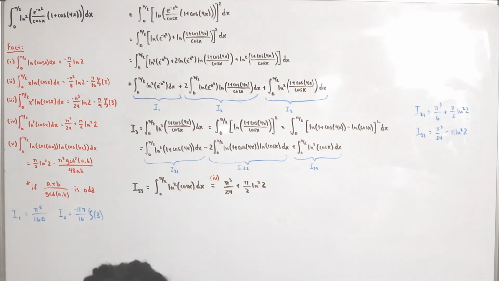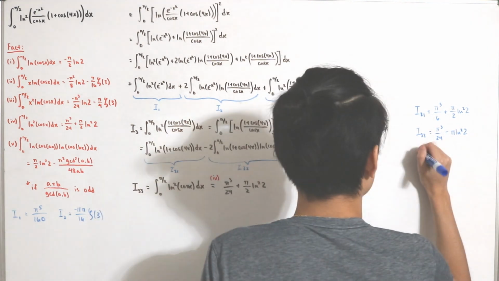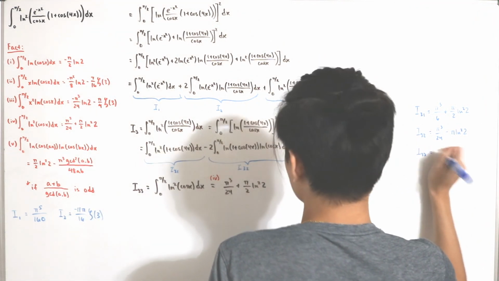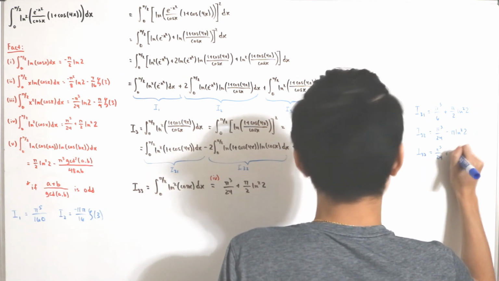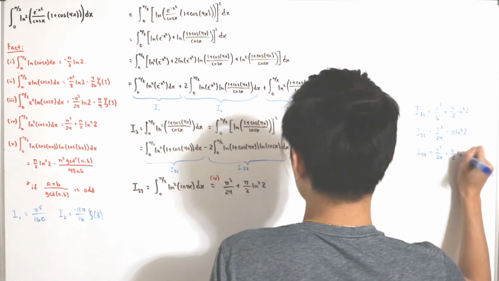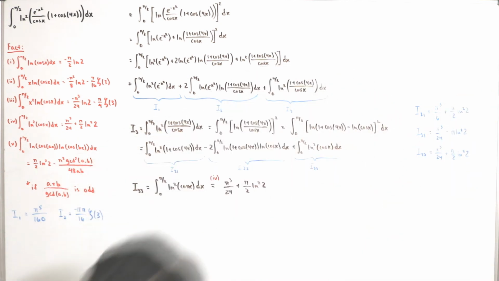Okay, so now we have our I sub 3, 3. So I 3, 3 is equal to pi cubed divided by 24 plus pi divided by 2 ln squared 2.